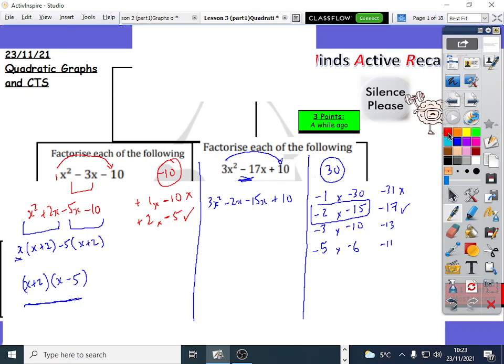The reason why I've done that, hopefully, is because I know that if I factorize the first two expressions and the last two expressions, I should come out with a common factor, which will help me factorize the whole expression. So the first two here, the highest common factor is x. So I take the x out. X times 3x, and that's going to be minus 2.